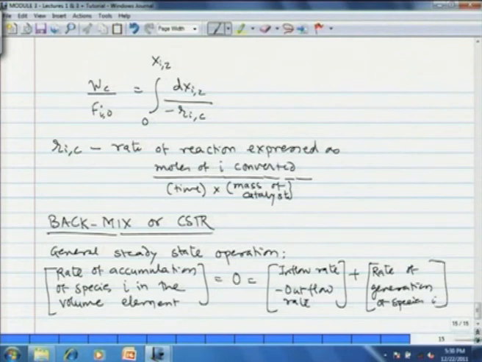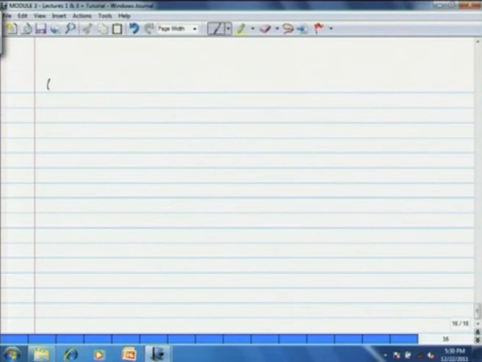We substitute all variables. Fi naught again is the flow rate of component i at the inlet.